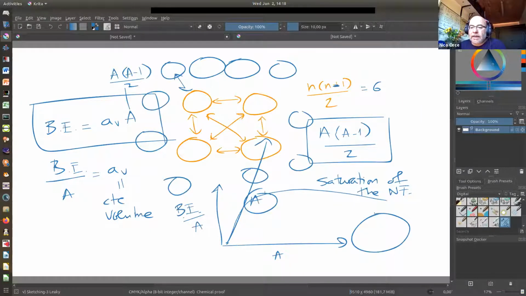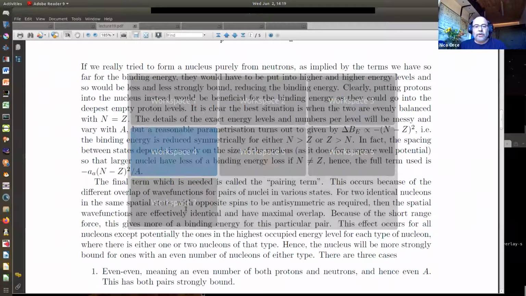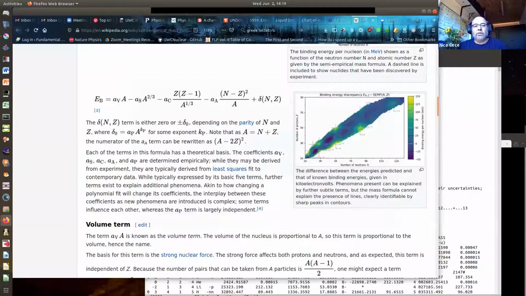Obviously, the guys on the surface, they won't have any neighbor here to interact with, and they will be less bound than the guys inside the nucleus, right? Which will interact with each other. So this is the surface term. So then we have the two terms, which are the binding energy. Let's call it binding energy is equal to A_V A minus A_surface A to the 2/3, right?